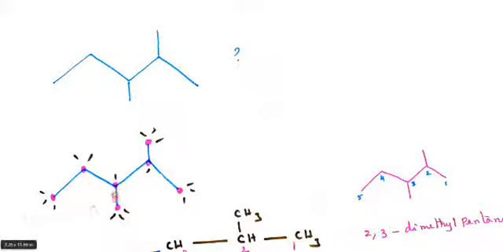This carbon is linked with only 1 bond, so 3 hydrogen. Then this carbon is linked with 3 bonds, 4 minus 3, only 1 hydrogen. This carbon only 1 bond, so 3 hydrogen. For this carbon only 1 bond, so 3 hydrogen.